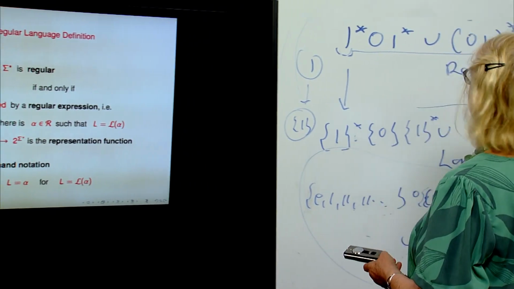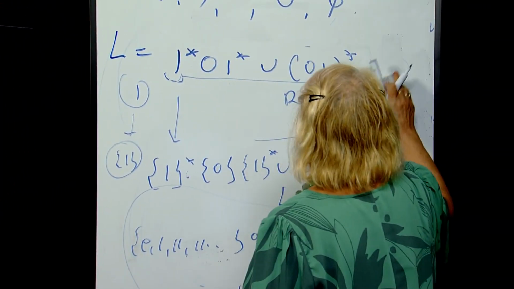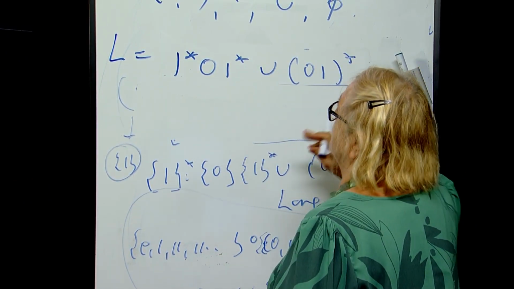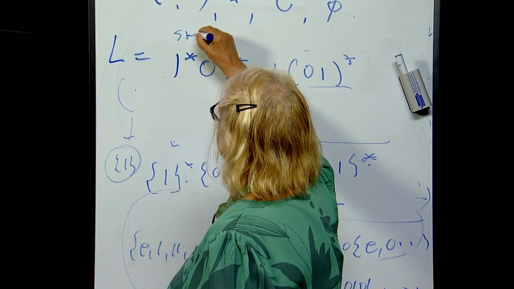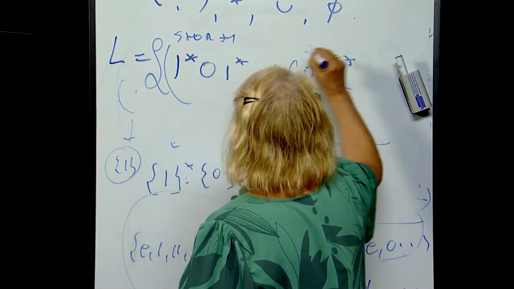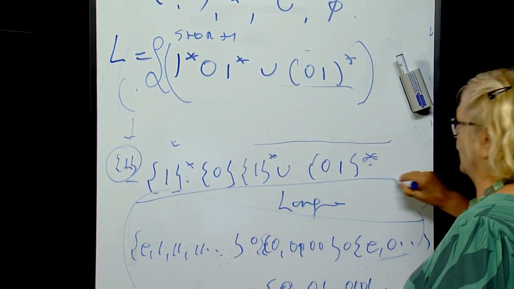So here I could write that L equals that expression, right? It means this is a shorthand. Instead of writing that this is our representation, which is really that whole thing.